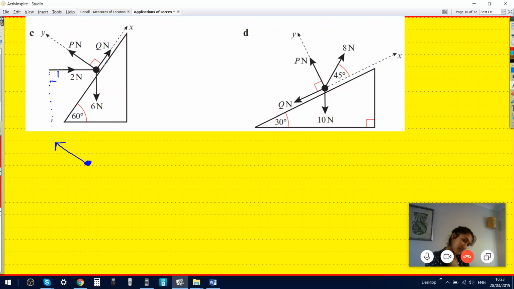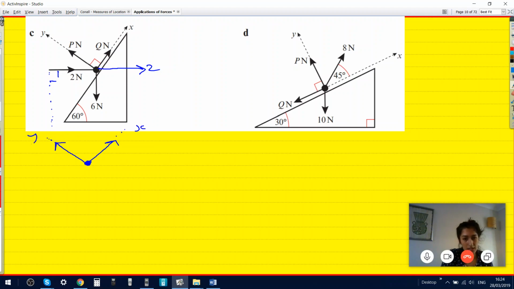So what you can do is instead of doing it in, you can just do it like that. It's the same thing. Why? So it's still pushing it to the right. So draw it like that. That's 2N.